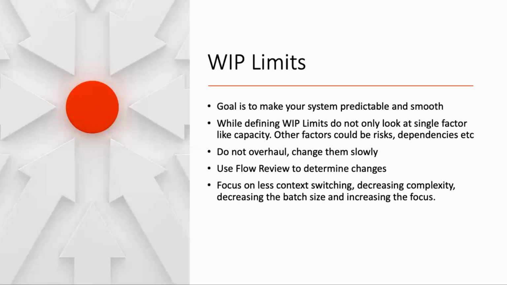Your flow might not be smooth for that period of time, which is still fine because your system is still evolving. Your workflow is still evolving. But you'll reach a point where you will set WIP limits in a way that you will make your system smooth and predictable. You will be able to commit consistent service level expectations to your customers.